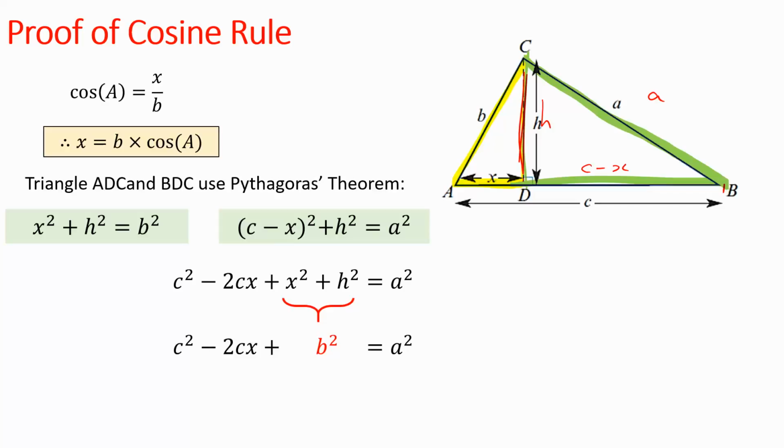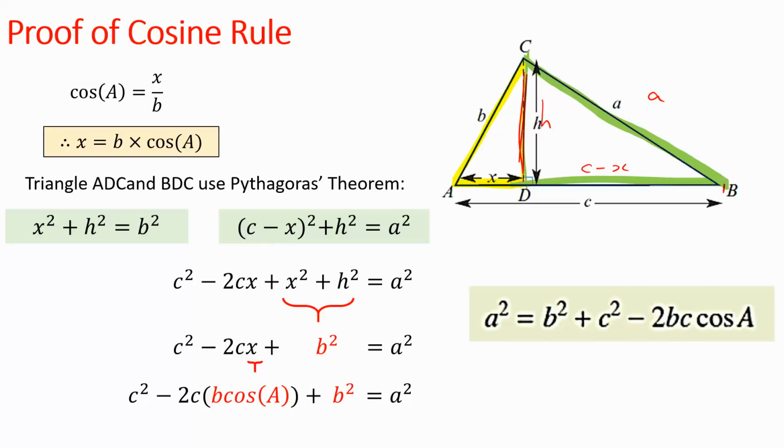We've got a squared equals b squared plus c squared minus 2cx. Now we've got to somehow change that x. Conveniently, up here we already said x is equal to b times cos A. So if you put that all together, you suddenly get a squared equals b squared plus c squared minus 2bc cos A, which is the rule that you were memorizing before.